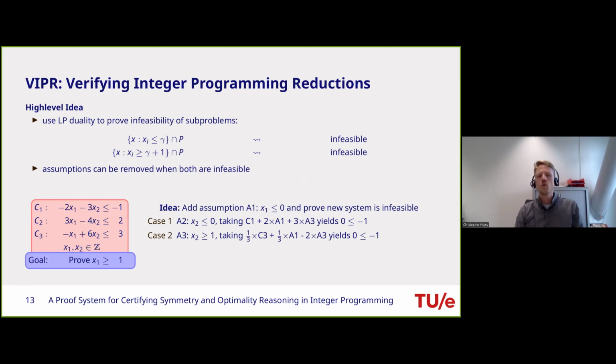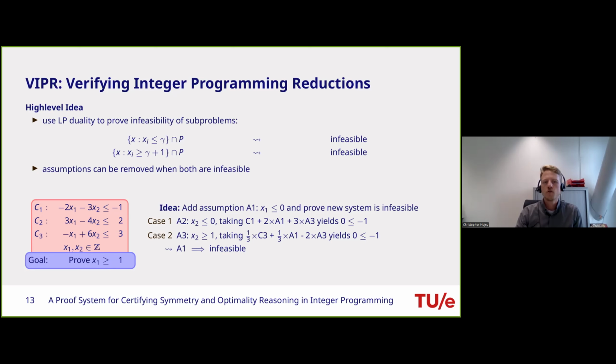Similarly, I can also argue for the case that x2 takes value at least 1. Then I find a different reweighting of the constraints and the assumptions, such that if I aggregate them, I again arrive at a contradiction. And since both branches, x2 at most 0 and x2 at least 1, yielded a contradiction, I can conclude that whenever A1 holds, then I have an infeasible system.